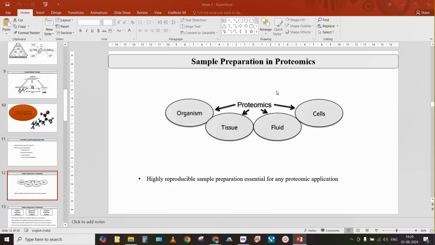You need highly reproducible samples, which is very important for performing comparative proteomic analysis. And if you want to know how your sample differs as compared to the controls, you need to ensure that your sample preparation is very reproducible. If you introduce some artifacts to begin with, then obviously you are not going to identify reproducible biological changes.